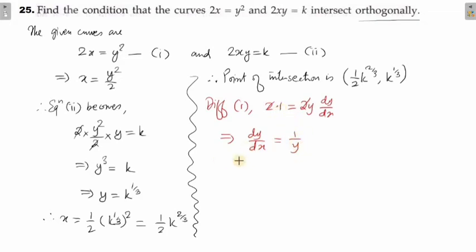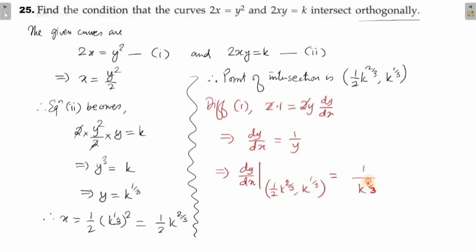Okay, so at the specified point, dy by dx at the specified point, which is 1 by 2 k to the power 2 by 3 comma k to the power 1 by 3, is equals to 1 by y. y is k to the power 1 by 3.